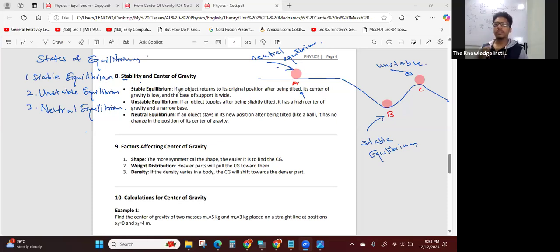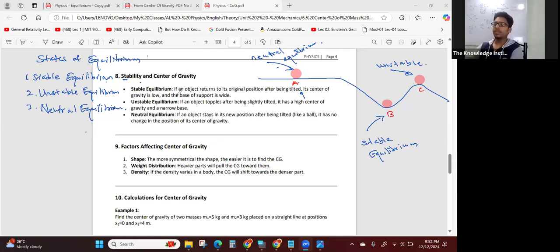In neutral equilibrium, when the object is slightly tilted or given a small displacement, it will neither come back to the original place nor accelerate. Rather, it will be in equilibrium in the new position.